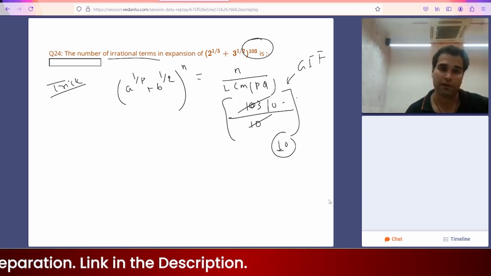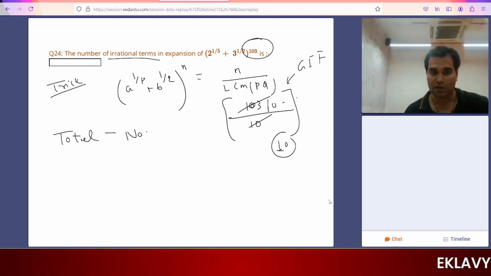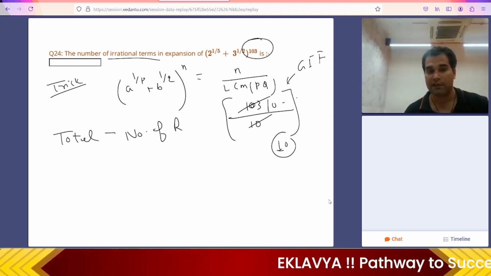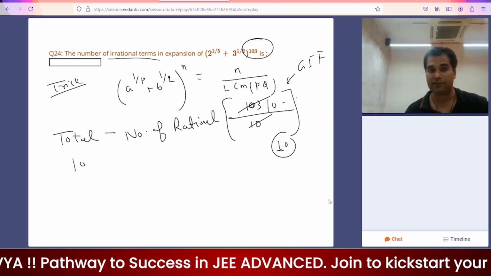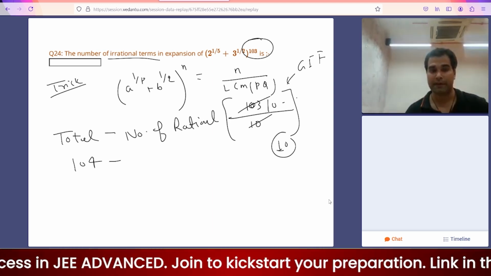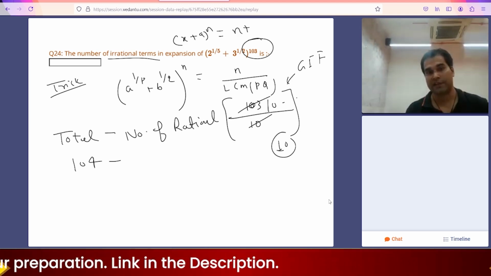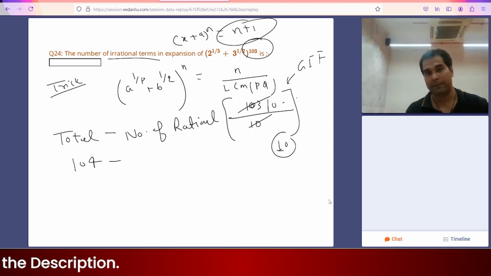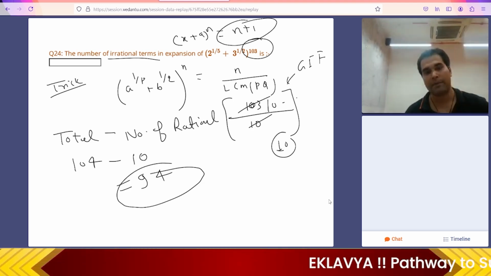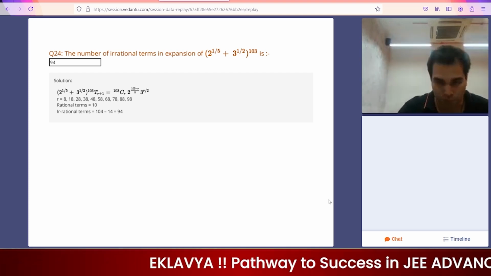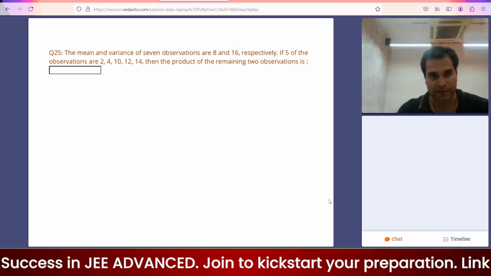To find the number of irrational terms, it is total minus the number of rational terms. The total is 104, because in the expression x plus a to the power n the number of terms is n plus 1. So 104 minus 10, the number of irrational terms is 94. Now here 94 is the correct answer.